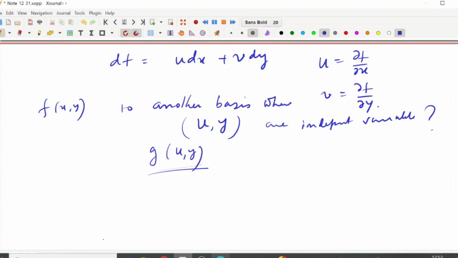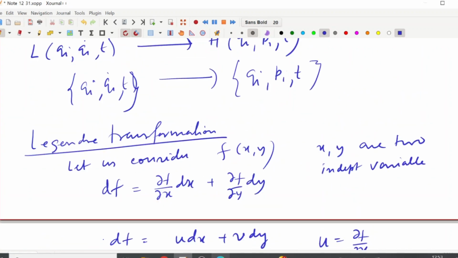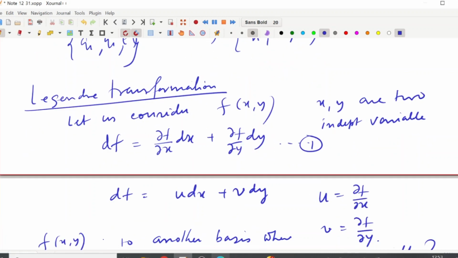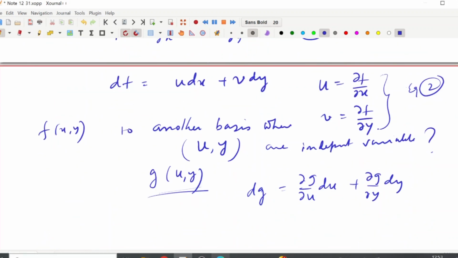So, we expect dg = ∂g/∂u du + ∂g/∂y dy, right. So, let me put some equation numbers. Let me write this as equation 1, then I write this as equation 2, and then we write this as equation 3.